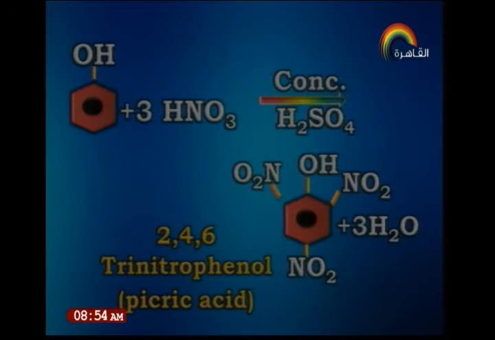Now, you have the benzene ring with NO2, NO2, NO2. This means you have 3 nitro groups. It's picric acid. Why do we add sulfuric acid? I'll tell you, to prevent a reversible reaction. Trinitrophenol, 2,4,6, picric acid. An important one.